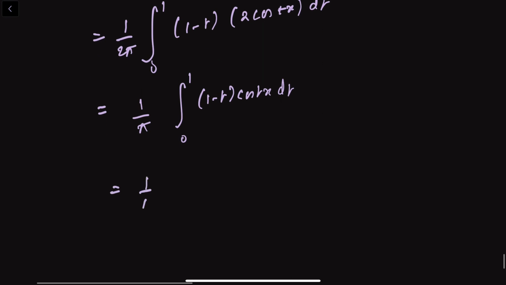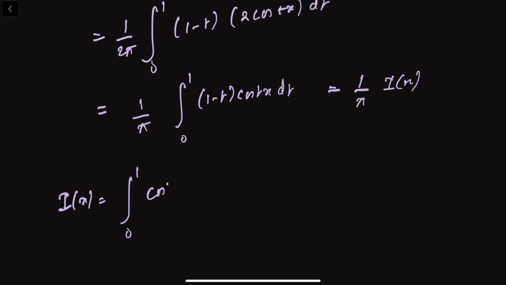So that is 1 by pi. If I consider this as some I of x, since it is a function of x, so I of x is integral 0 to 1 of cos tx dt minus integral 0 to 1 of t cos tx dt.